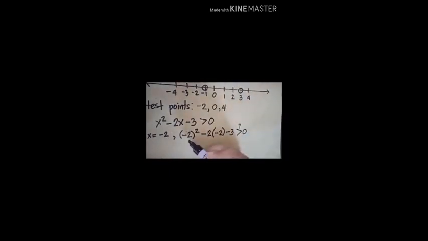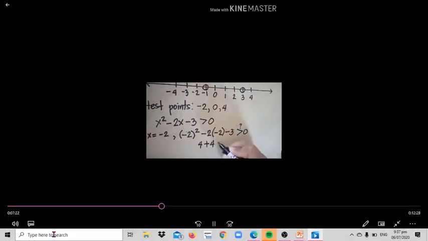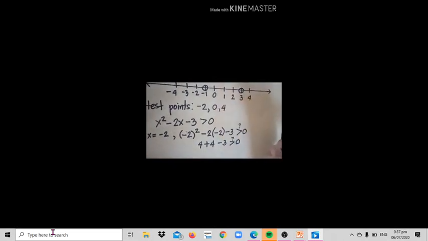Okay, so negative 2 squared is 4. Negative 2 times negative 2 is positive 4, minus 3. Is it greater than 0? So 4 plus 4 is 8. Minus 3 is 5. Is 5 greater than 0? Yes. So, it is a true mathematical statement.